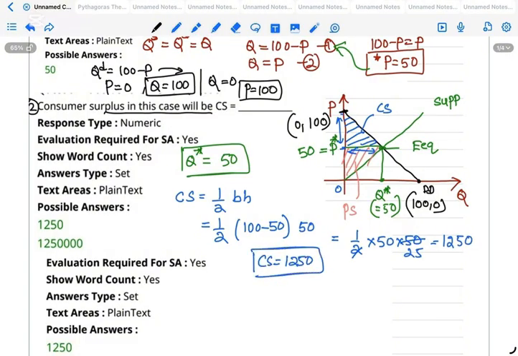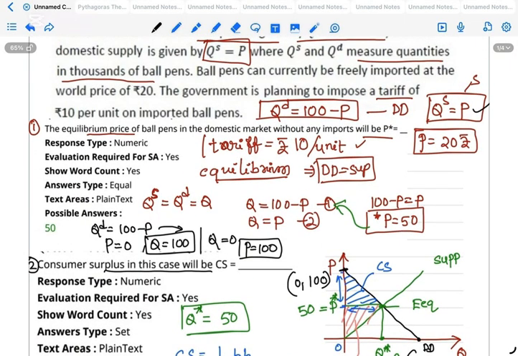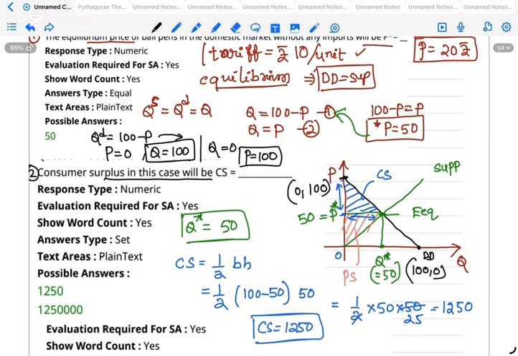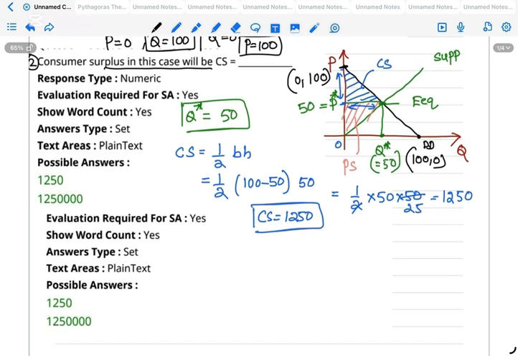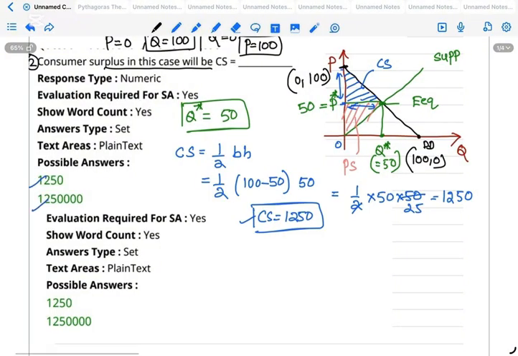They are asking in terms of thousands. They mentioned in the question that the quantities are measured in thousands, that is, Q in 1000. What is the Q star value? 50, right? We multiply with 1000, so 50,000. So you can write the answer as 1250, or 1250 multiplied with 1000, that is 10 cube.